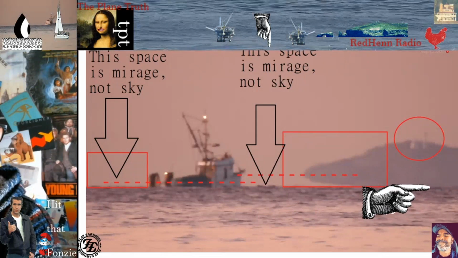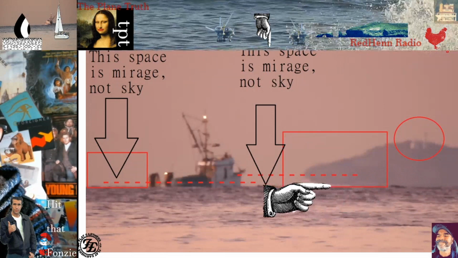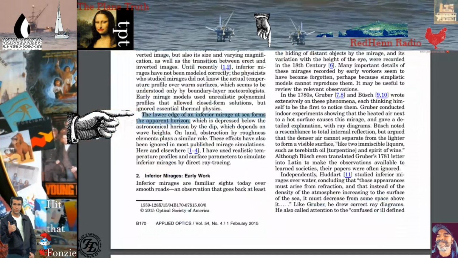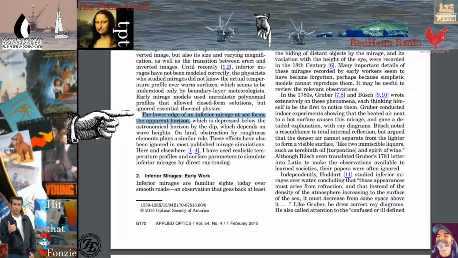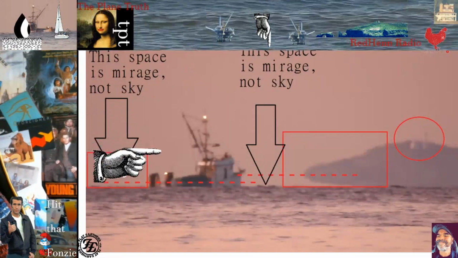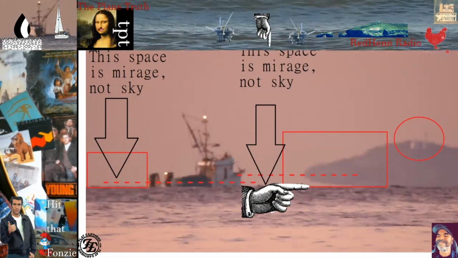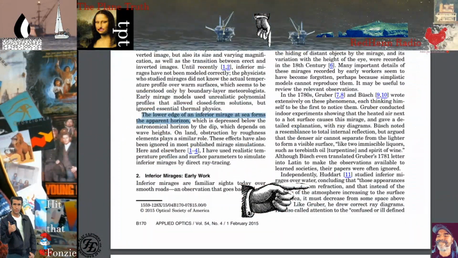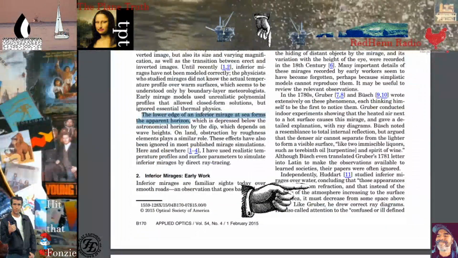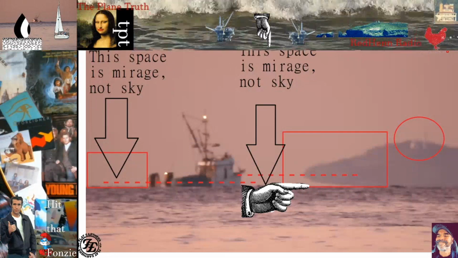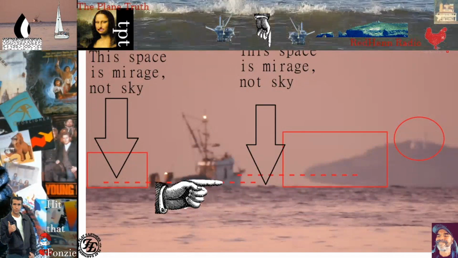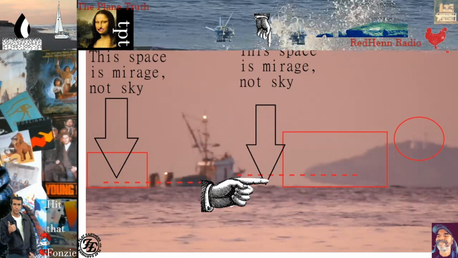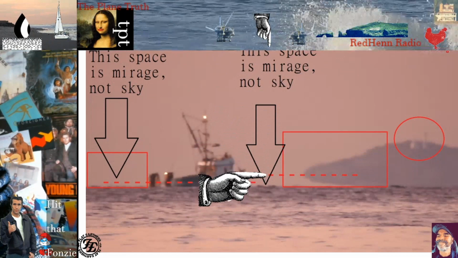This is what is creating the limit of this water here, according to Andrew Thomas Young: the lower edge of the inferior mirage forms the apparent horizon. So this is sky up here, and this is a mirage.